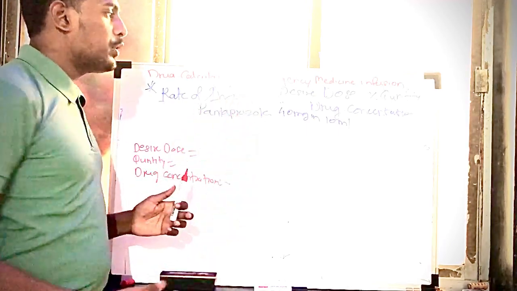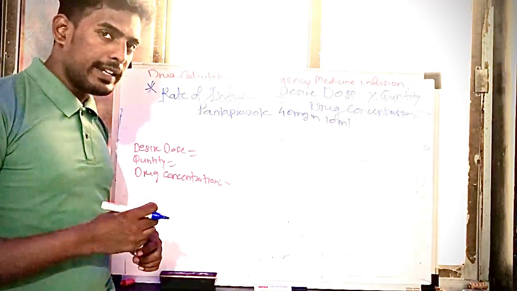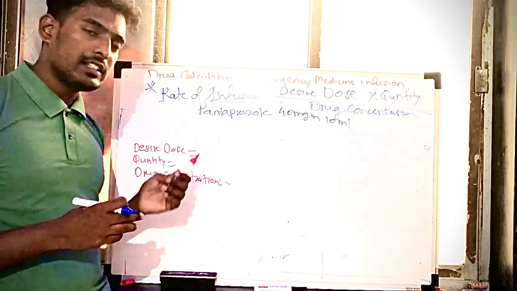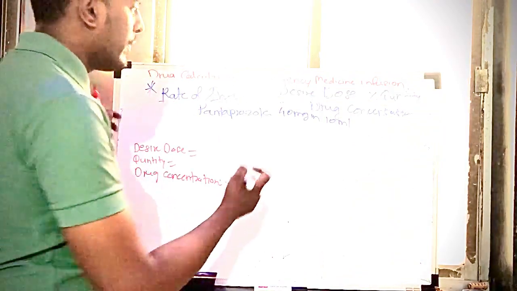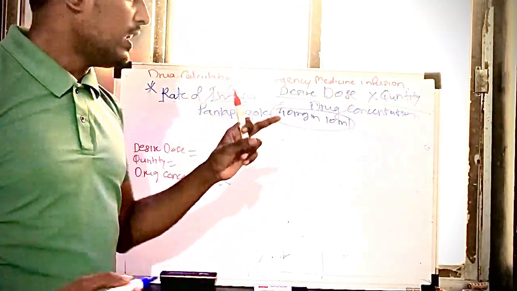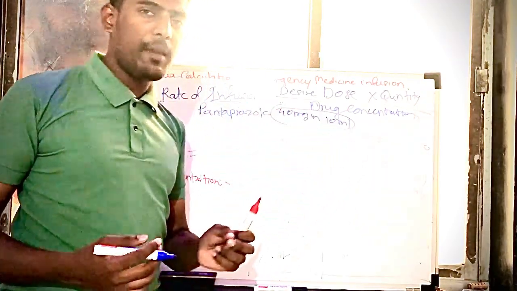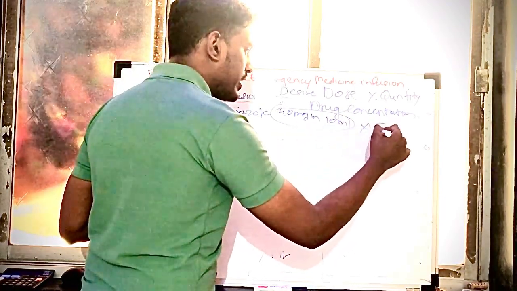So how are we going to make the infusion? Basically in peptic ulcer or upper GI bleed, the doctor advises starting an infusion of pantoprazole. How can we make it? Very easy. Keep the same vial of 40 mg in 10 ml, as a 5 quantity.